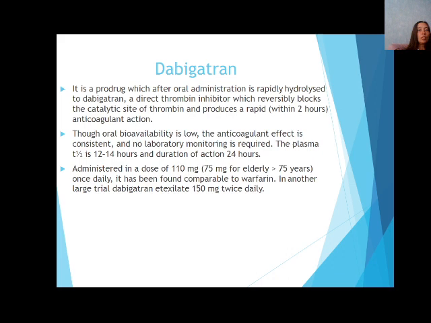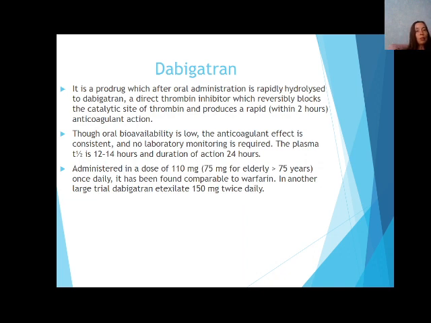Dabigatran is the same kind of oral anticoagulant. It's a prodrug which after oral administration is hydrolyzed to dabigatran, a direct thrombin inhibitor which reversibly blocks the catalytic site of thrombin and produces a rapid anticoagulant action.